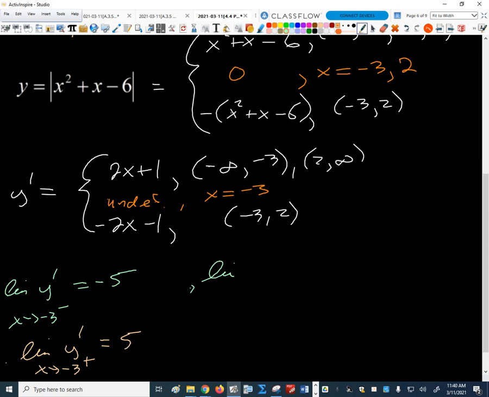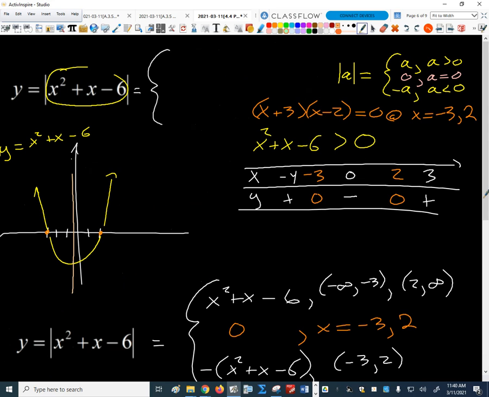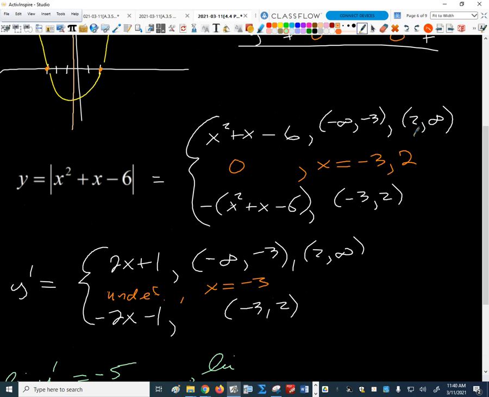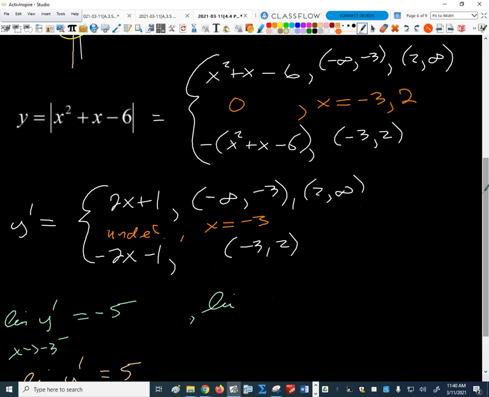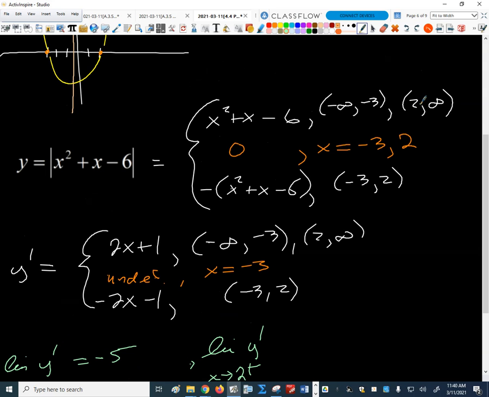If I took the limit from the right, up here at 2 from the right, the limit of the derivative, right, because that's in the domain of this top function, what would I get? I would get 4 plus 1 is 5.